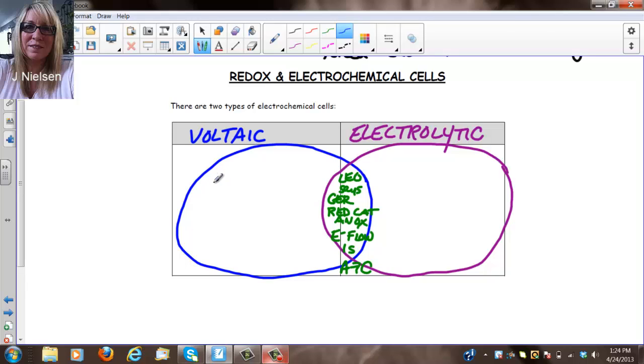So what do we know about a voltaic cell? We know that it is spontaneous. We know that it's chemical energy converted to electrical energy.